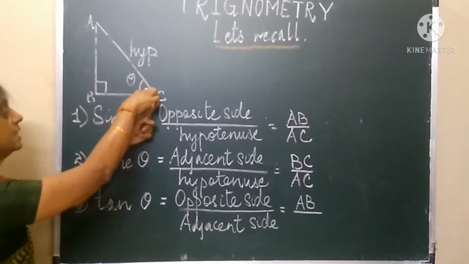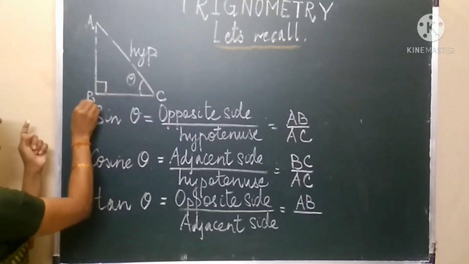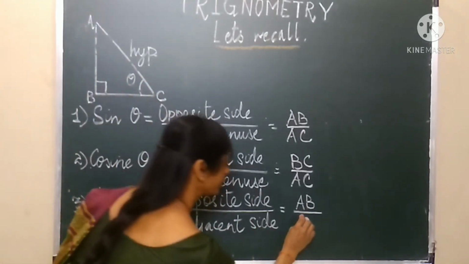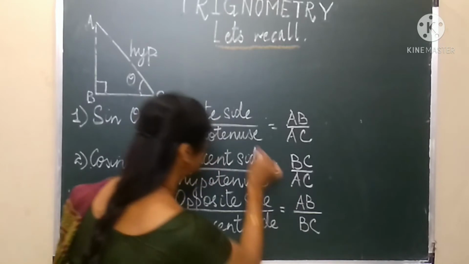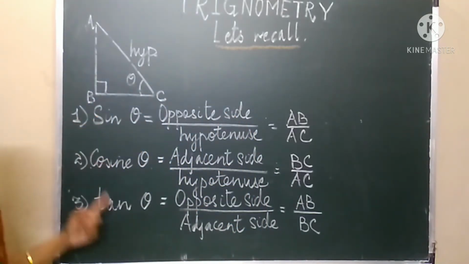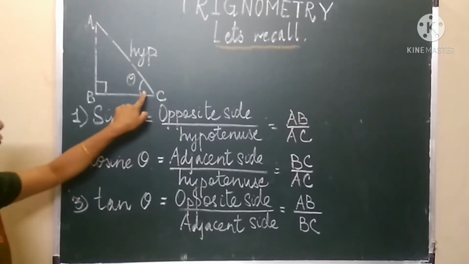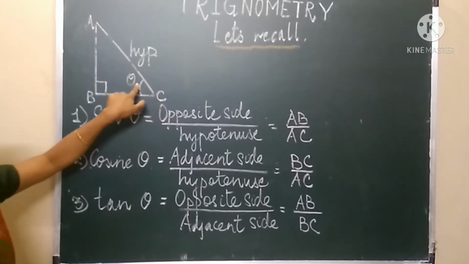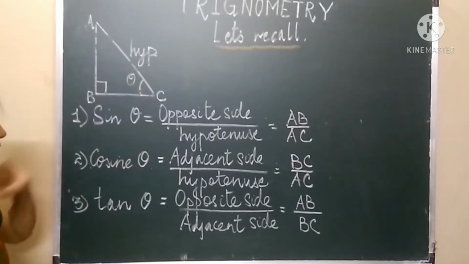So the adjacent side for angle theta is BC. So by using the general formulas, we have found out the three basic trigonometrical functions for one acute angle, that is C, which is given as theta. So sine of theta, cos of theta, tan of theta.